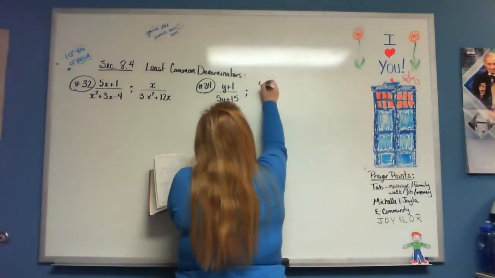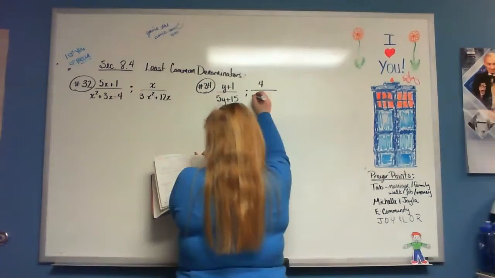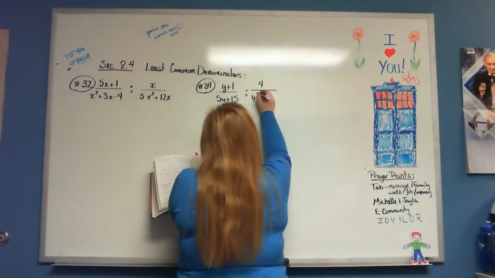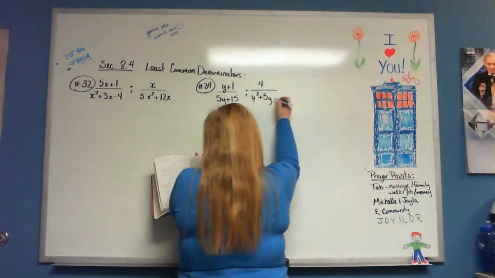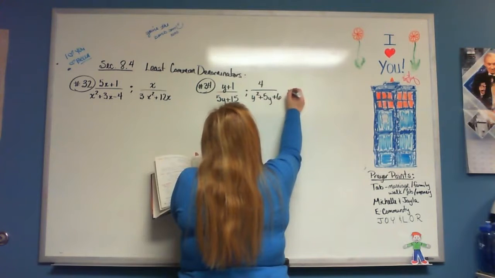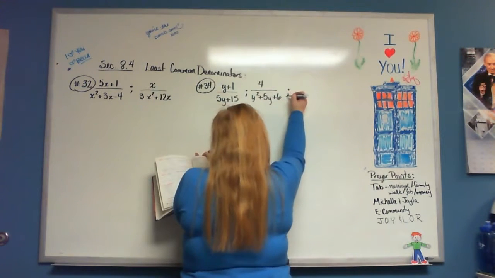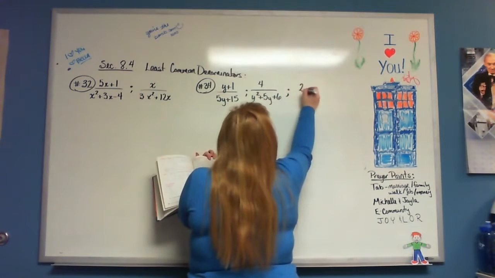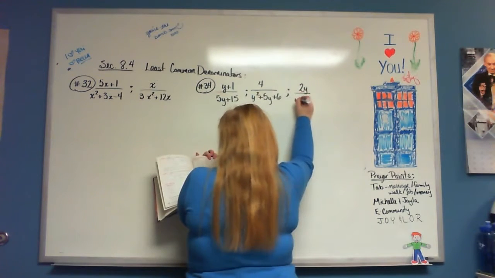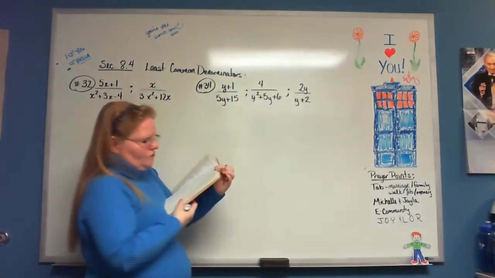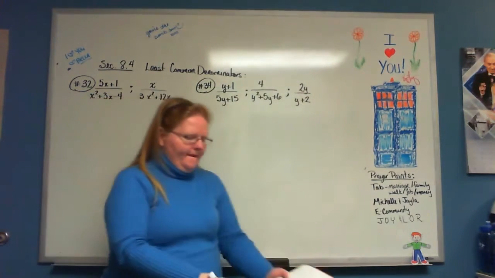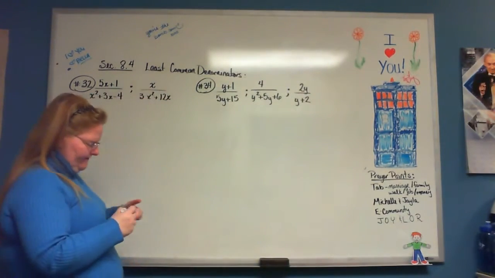Four over y squared plus 5y plus 6. 2y over y plus 2. Just those two.